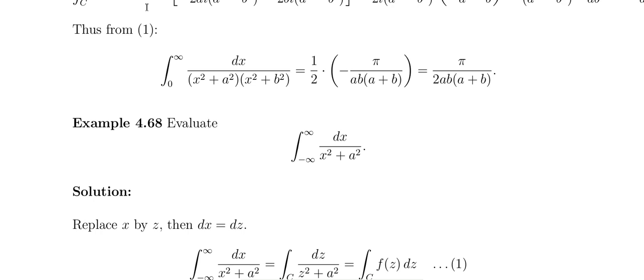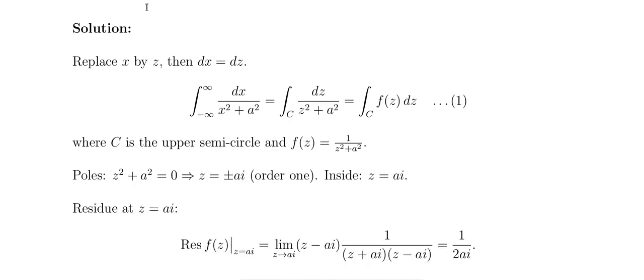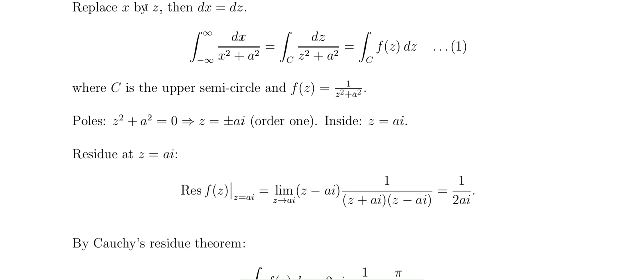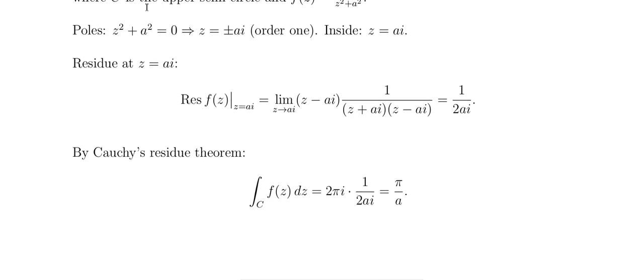So the same way, integral from minus infinity to infinity dx by x square plus a square. When you try to find out, z equal to plus or minus a, only z equal to a lies inside because of the semicircular region. So residue of f of z at z equal to a is the limit as z tends to a of z minus a into something, so 1 by 2ai.